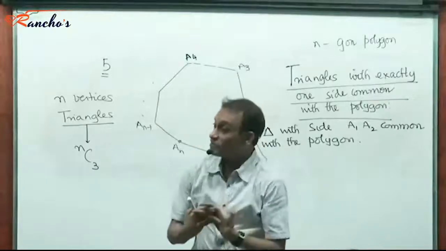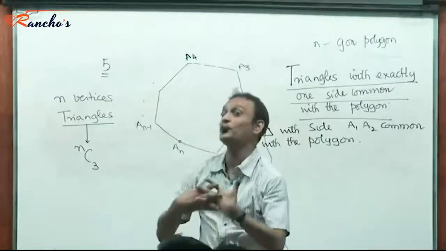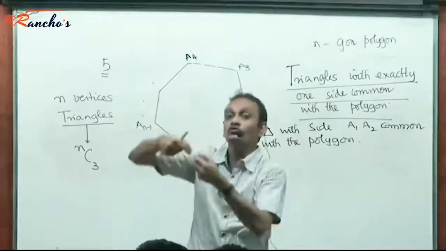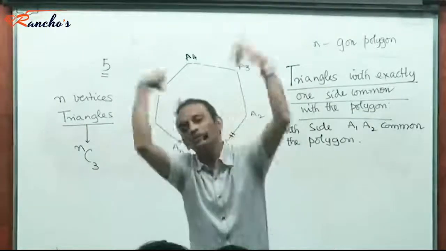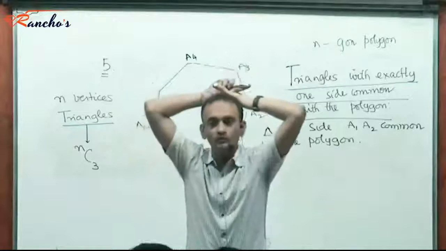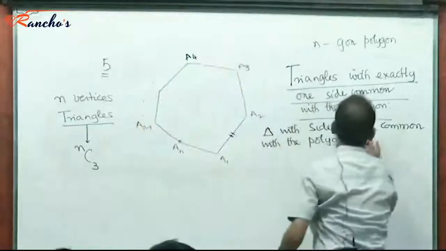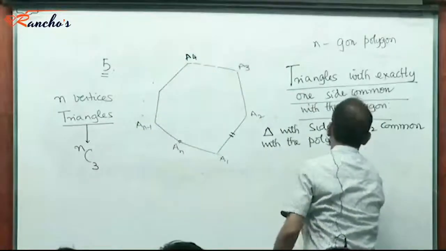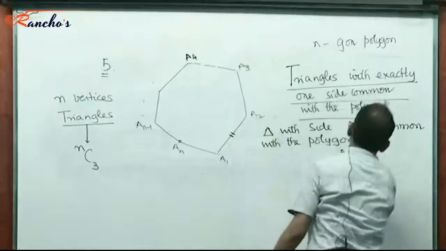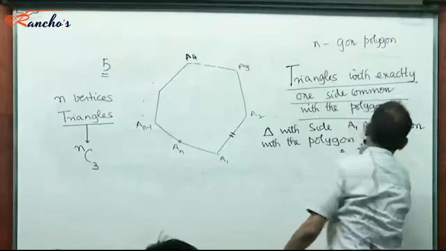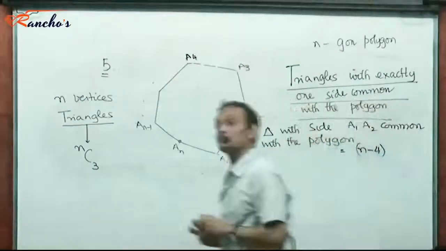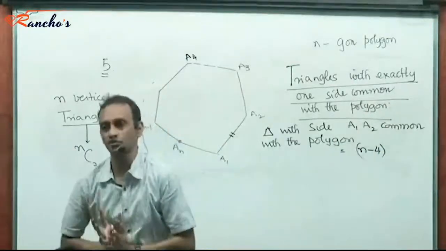And the number of ways in which the third vertex could be selected would be the number of triangles whose side A1, A2 is common with the polygon. Yes or no? Yes, sir.